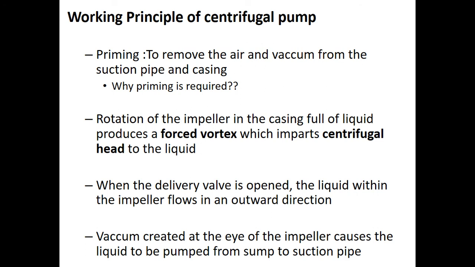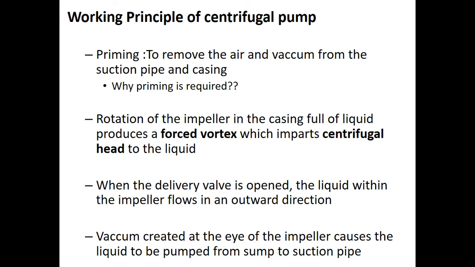When the delivery valve is opened, the liquid from the impeller flows in an outward direction, leaving the vanes of the impeller at the outer circumference with high velocity and pressure. The vacuum created at the impeller causes the liquid from the sump to rush through the suction pipe, replacing the liquid being discharged from the impeller.